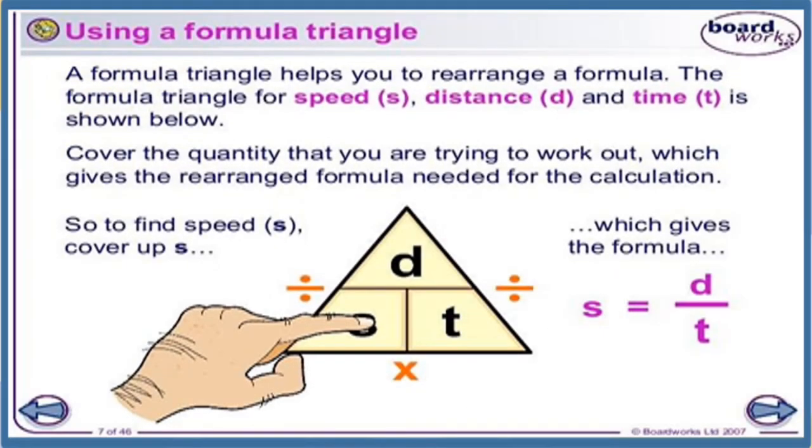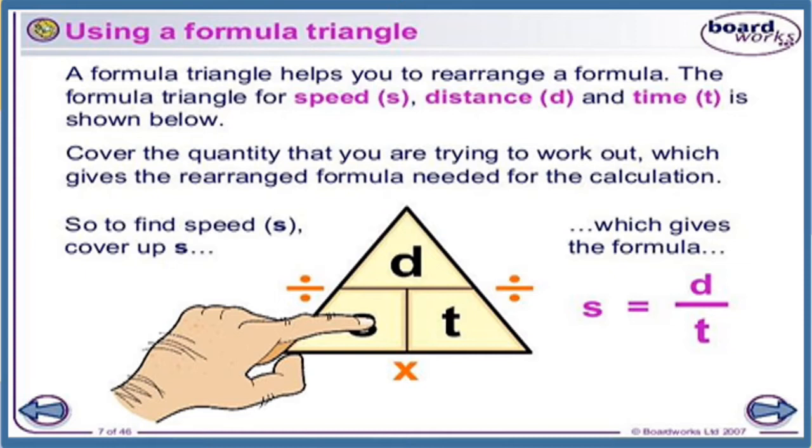Using a formula triangle: a formula triangle helps you to rearrange a formula. The formula triangle for speed, or S, distance, or D, and time, or T, is shown below. Cover the quantity that you are trying to work out, which gives the rearranged formula needed for the calculation.